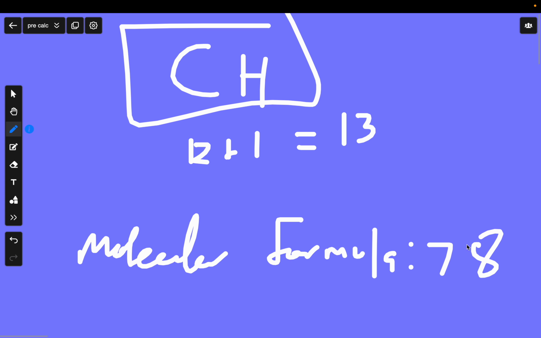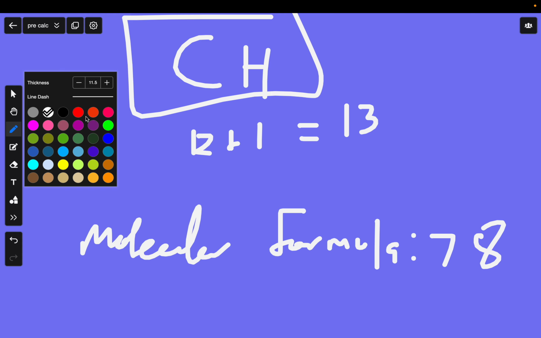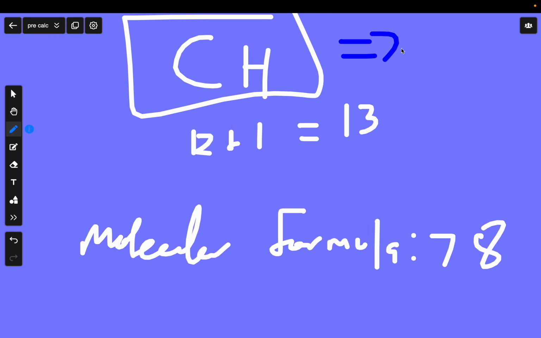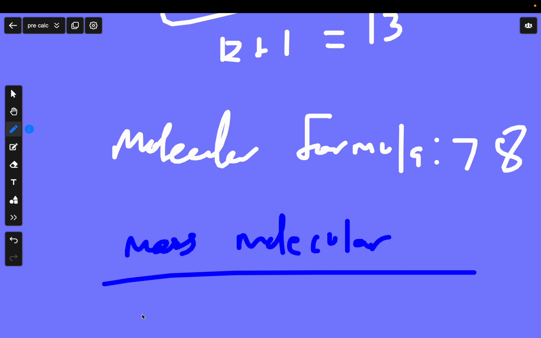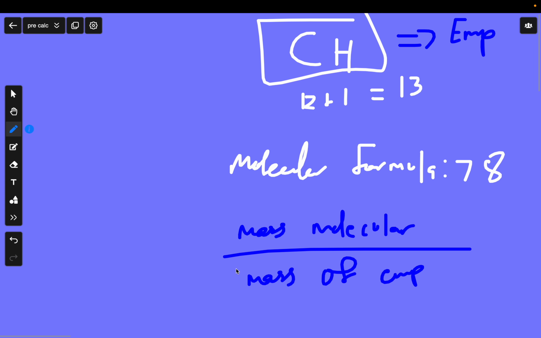Okay, but now remember I told you we need the multiplier. This thing right here is the empirical because it's the smallest number. We want to get to the molecular, so that means we need to do the mass of the molecular divided by mass of empirical, and that will get us the multiplier.